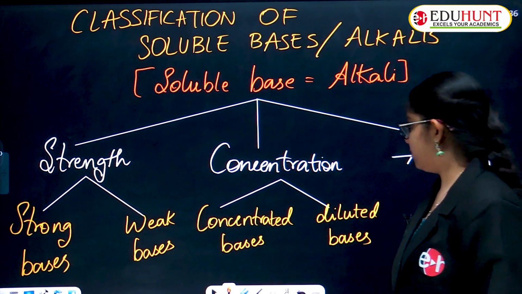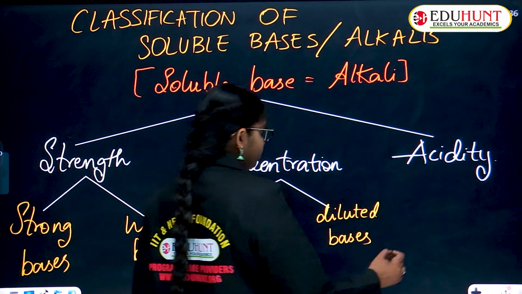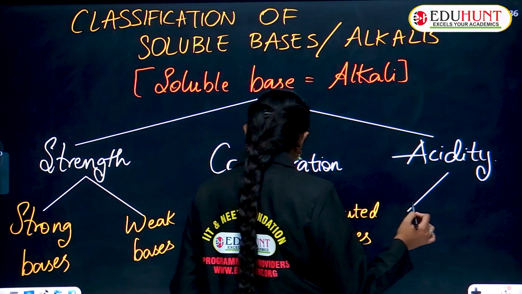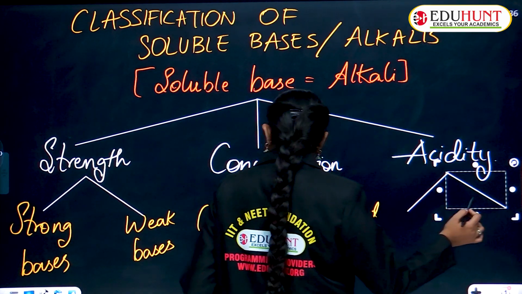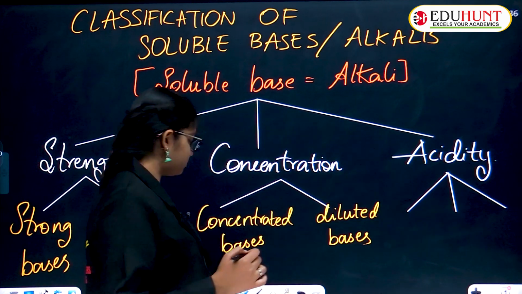Clear? Now on the basis of acidity, it is further classified into 3 main types. How many, children? 3 main types.